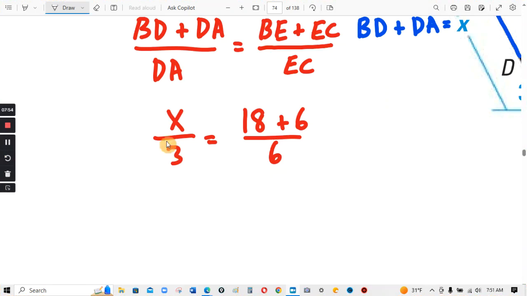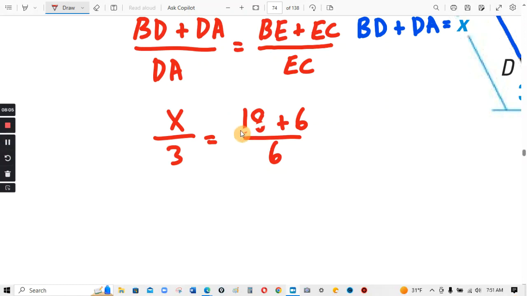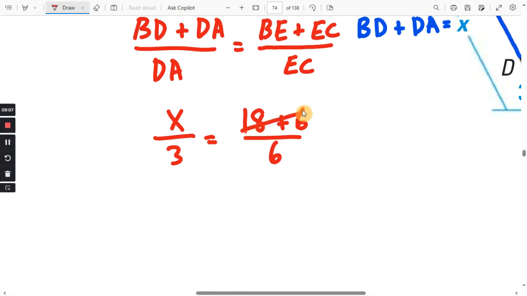All right, so you could multiply both sides by 3, but they want us to cross multiply. Anyhow, 18 plus 6 is going to be 24.